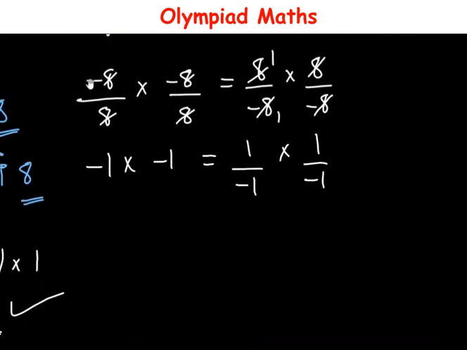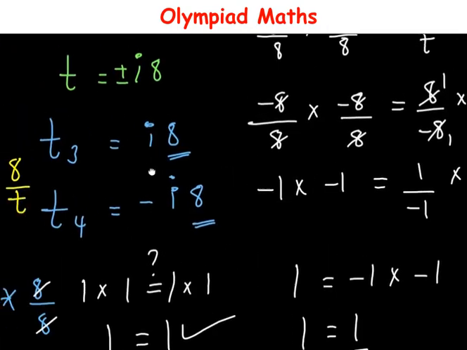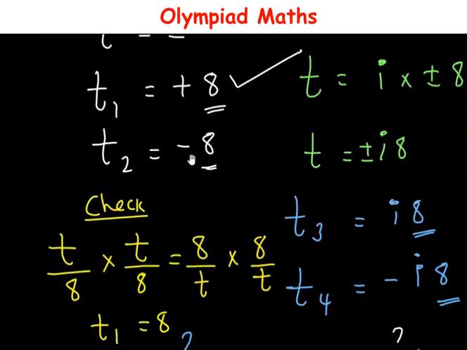So from here, minus 1 times minus 1 is plus 1, will equal 1 over minus 1 is minus 1, times 1 over minus 1 is minus 1. Minus times minus is plus, 1 times 1 is 1. So looking at this, since they are equal to each other, this means that the value of T2 that we got right here as minus 8 is also the correct solution.